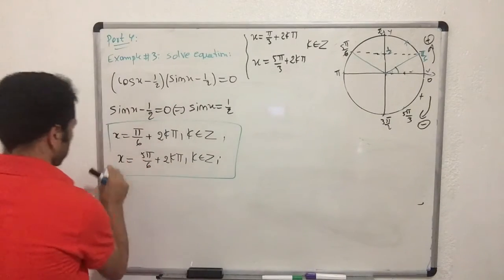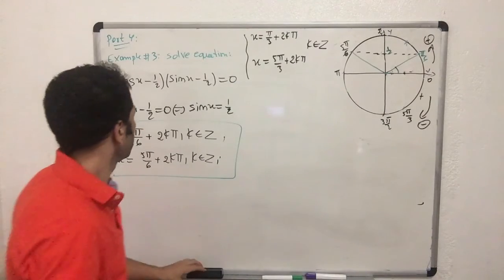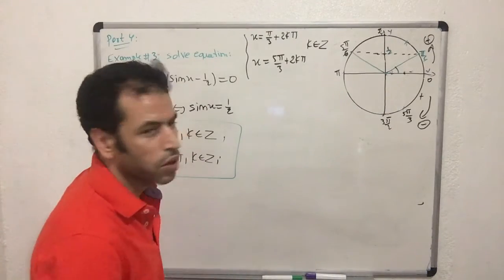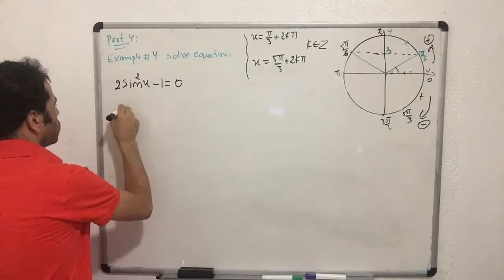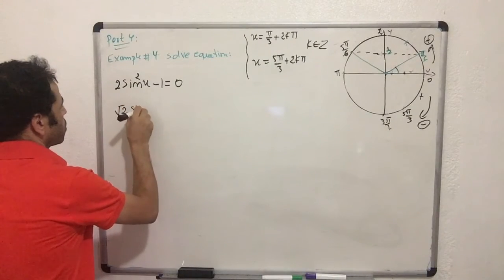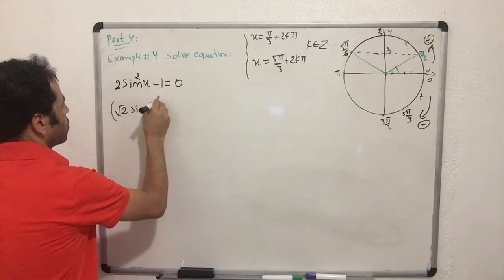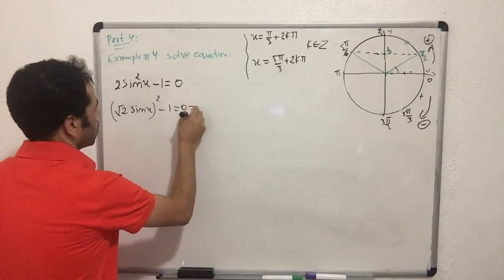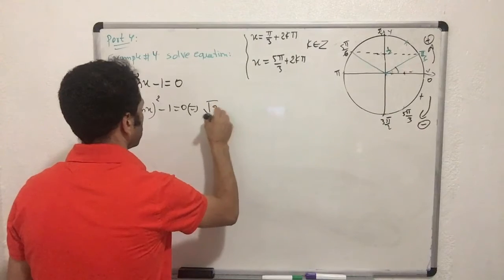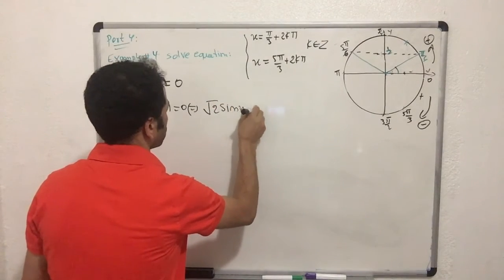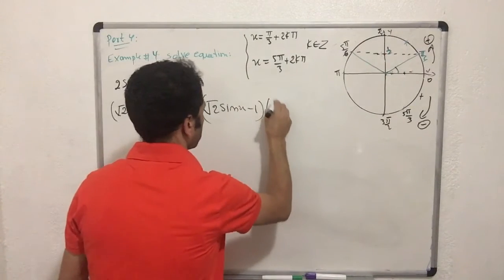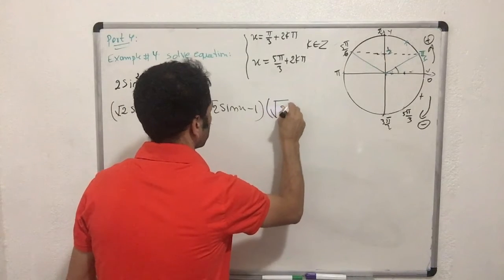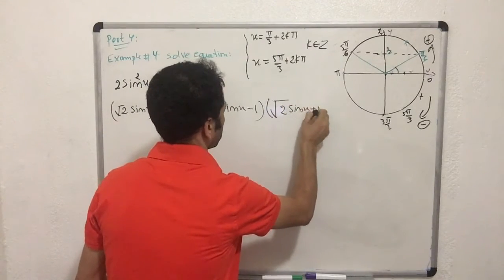Now let's move on to the last example. Square root of sine x squared minus 1 equal to 0, equivalent to square root of sine x minus 1 multiplied by square root of sine x plus 1 equal to 0.